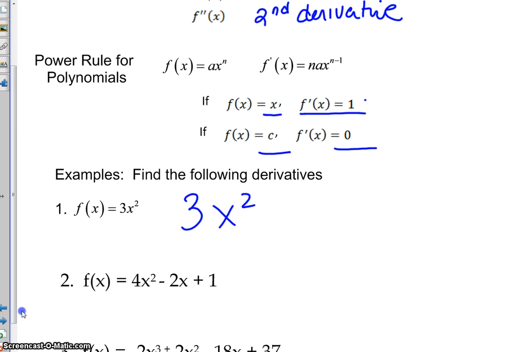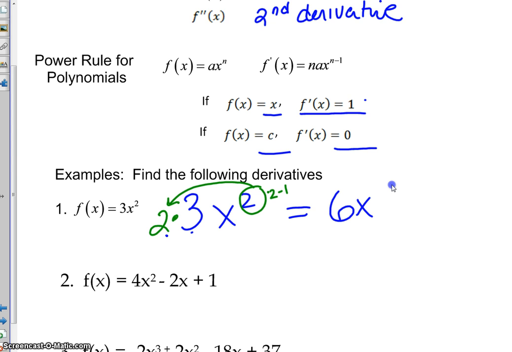So what you do is you take this 2 and bring it out in front, and you're going to multiply it by the 3, okay? And then you take the 2 and subtract 1 for the new exponent. So the answer here is 2 times 3, or 6x to the first. Now we usually just leave 6x to the first as just 6x.